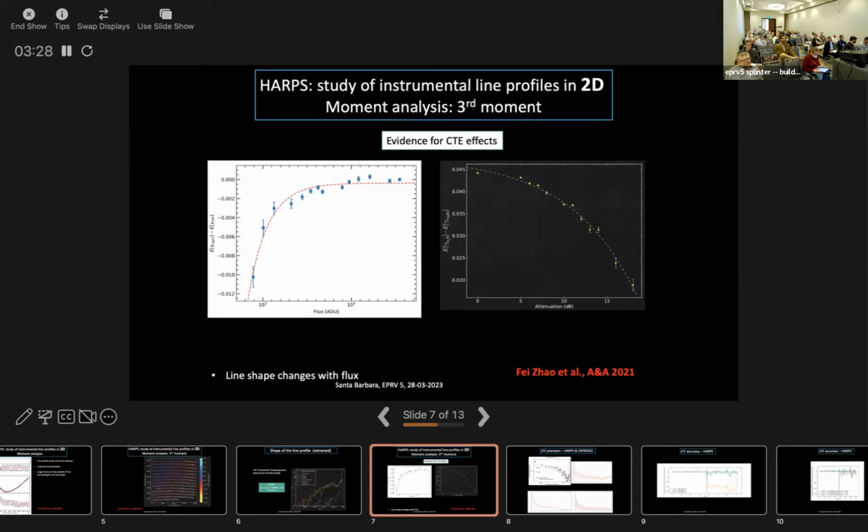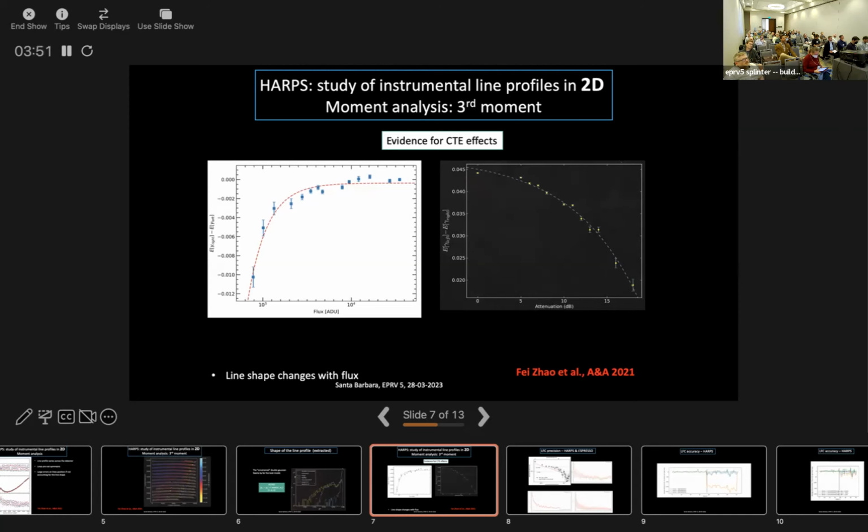This is a work by my student a few years ago, Fei Zhao, and we looked at the third moment in these two areas, and we subtracted one from the other. And what we see is that we definitely have a systematic left to right. So the lines on one side of the detector have a different symmetry.